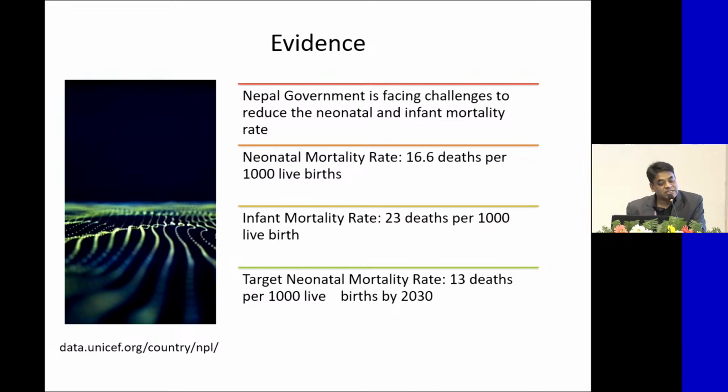And the government is struggling with this, so they are not able to decrease the mortality rate as per the goal. And newborn conditions might be the reason or linked with this, these conditions might be responsible for not decreasing the mortality in newborns.